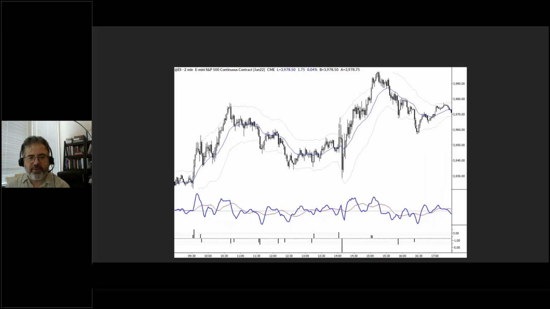I did grab yesterday's 2-minute S&P chart, but I'll just point out here, there are a number of pullbacks, there are a number of things that line up with all of the things we've talked about. You do need to be aware that sometimes events can cause a little bit of volatility in announcements, but we'll spend a little more time looking at intraday charts. We're already running just a bit long today, and I do want to get to some questions.